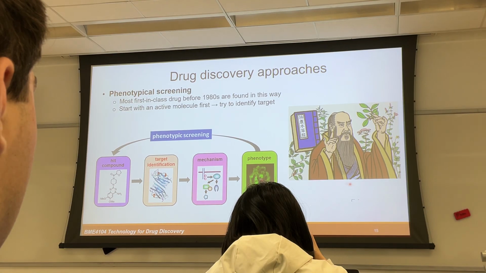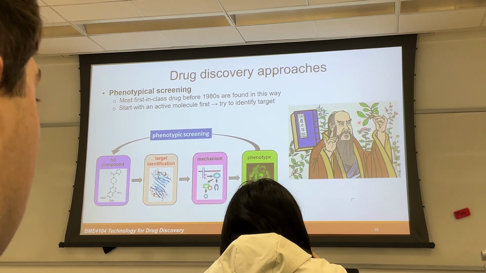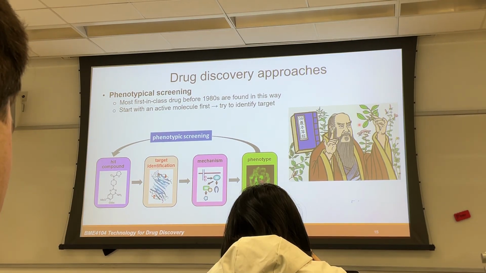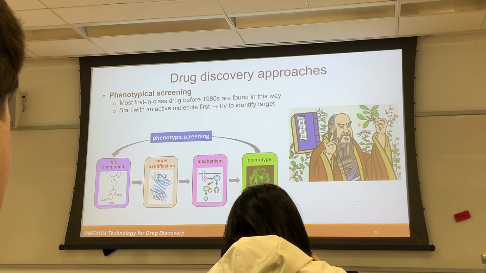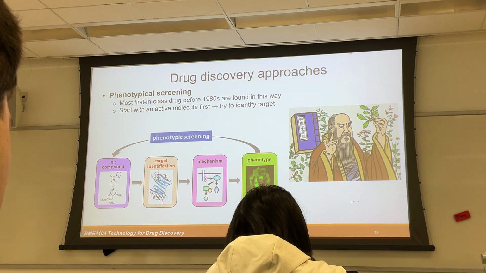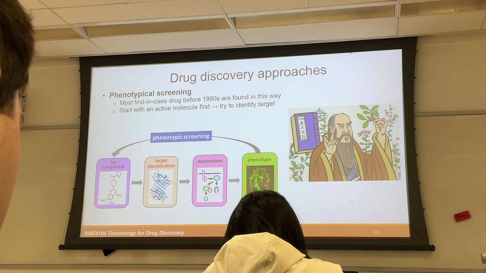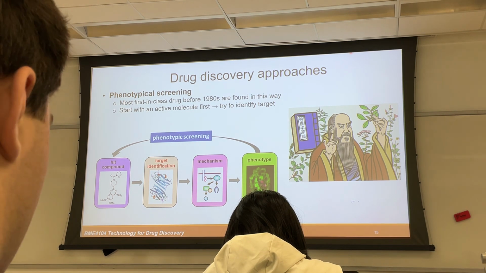So he is considered one of the earliest doctors or pharmacologists in China. And he summarizes his observations and conclusions in this book, to help people know which herbs can help you do what things. And this is a very typical phenotypical screening method. He doesn't know this word, but that's what he's using.